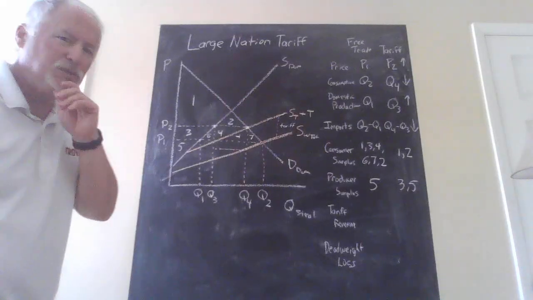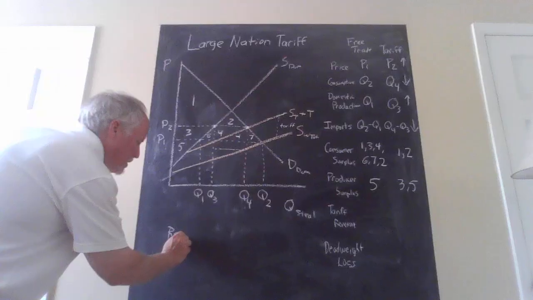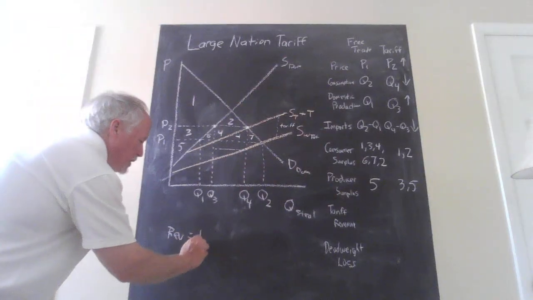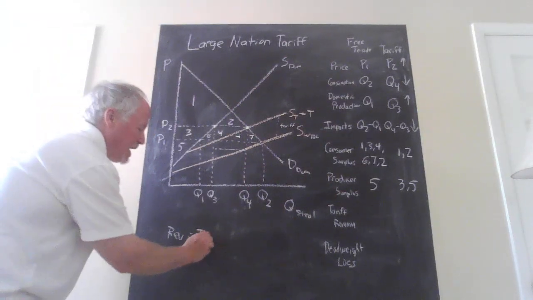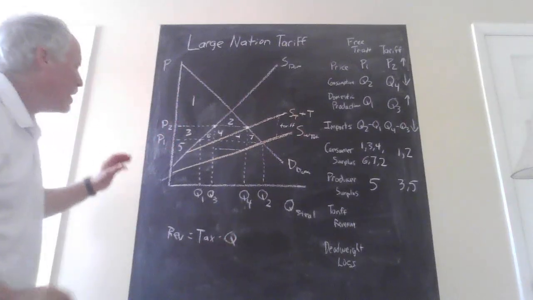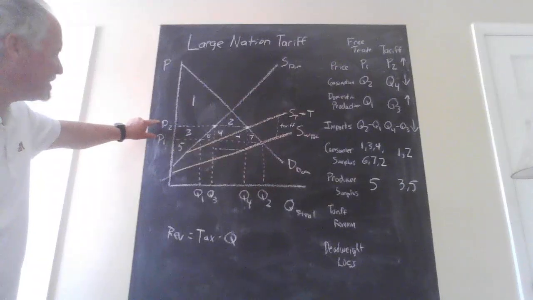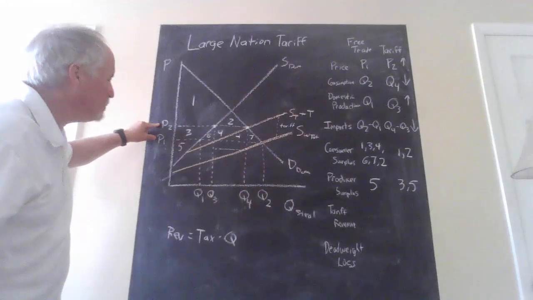And here we've got to do something a little different because tariff revenue would be the amount of the tariff, the amount of the tax, times the quantity. But the amount of the tariff is not the difference between P1 and P2.